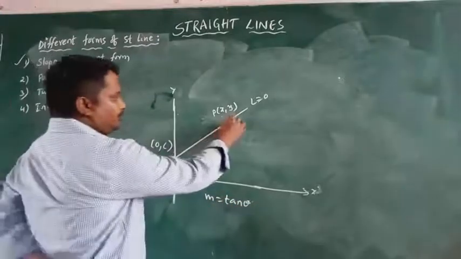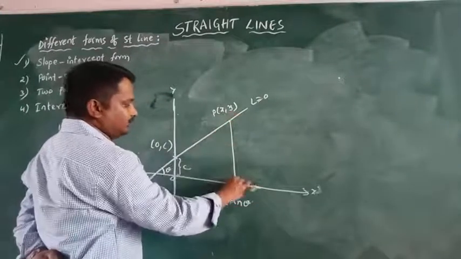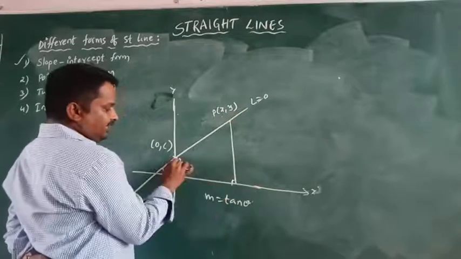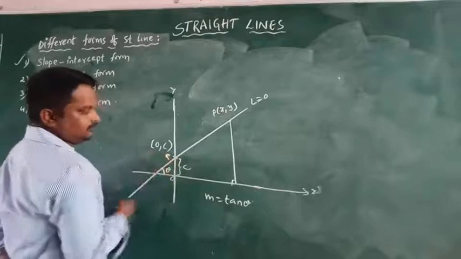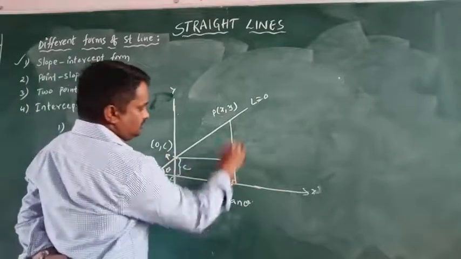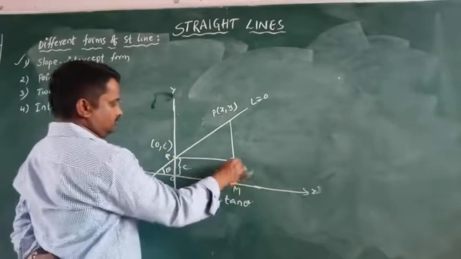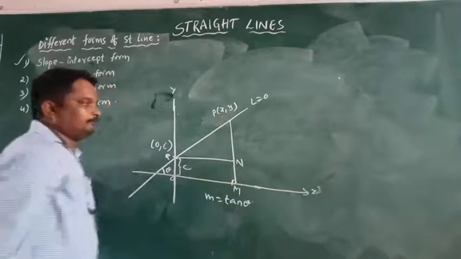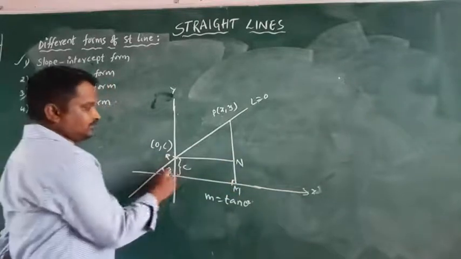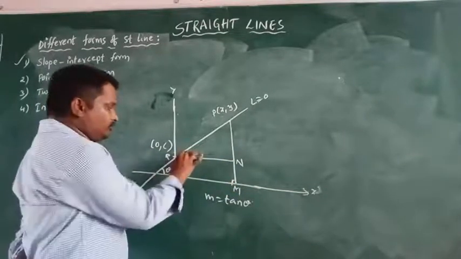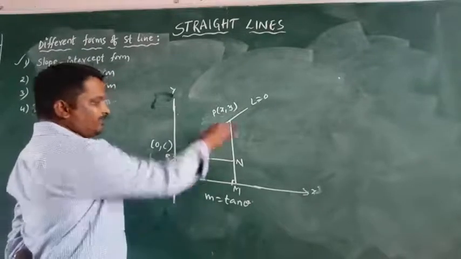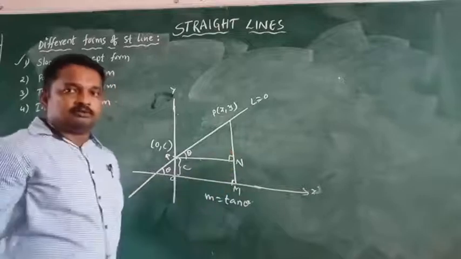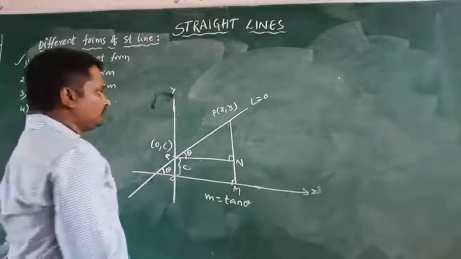I am drawing a perpendicular from P to the x-axis and a parallel line from point R, which is Rn. Again these are similar triangles, which we already proved. Here also we get the angle theta. The parallel line is perpendicular to this one, so here the angle is 90 degrees.